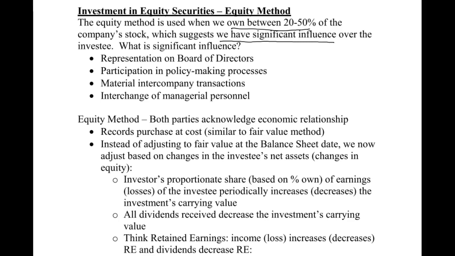That means we can do a lot of things back and forth. Think like Pepsi and Pepsi Bottling are two companies. Interchange of managerial personnel. If we're doing a lot of business back and forth, it makes sense that people could move from one company to the other fairly easily if we needed that. Or if they wanted just to make a career move, it might be a good move for them.